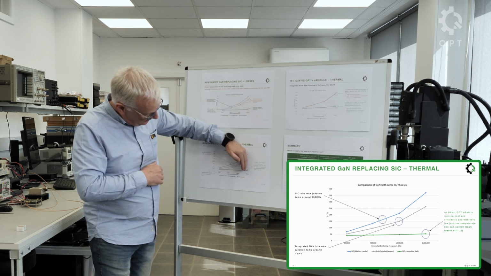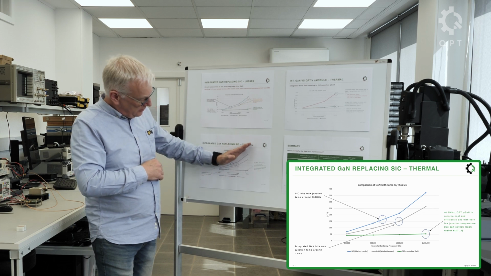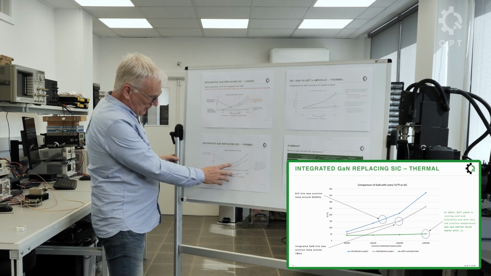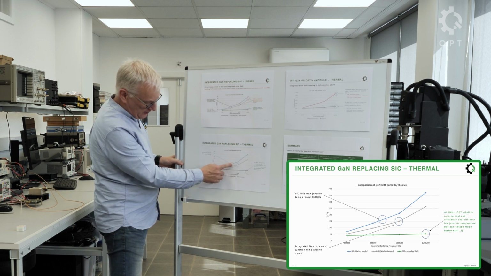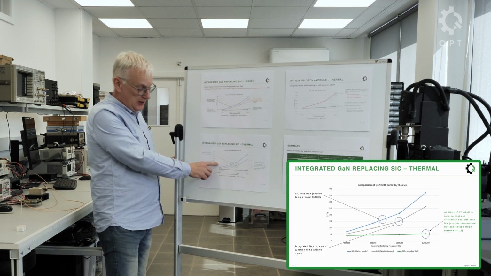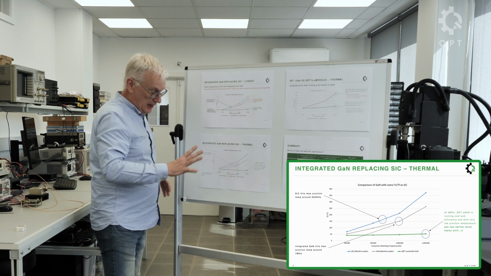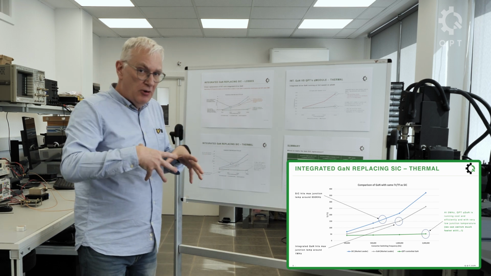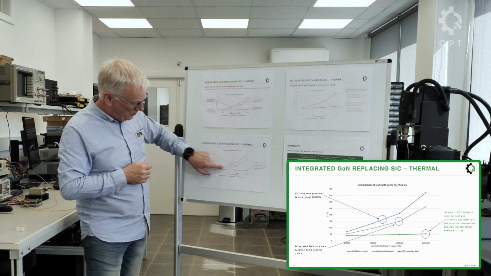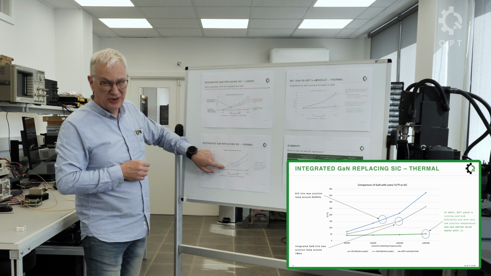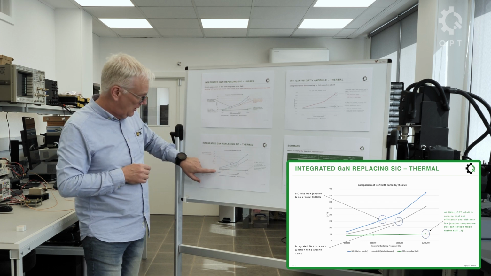So as you increase the frequency here, you can see the junction temperature goes up really rapidly. So at this point here for SiC, this is about 650 kilohertz, you get to the maximum junction temperature. At that point, you don't have a working converter. It's got zero capacity for switching power. So you're actually really only able to work sort of down here at a few hundred kilohertz, really absolute maximum.